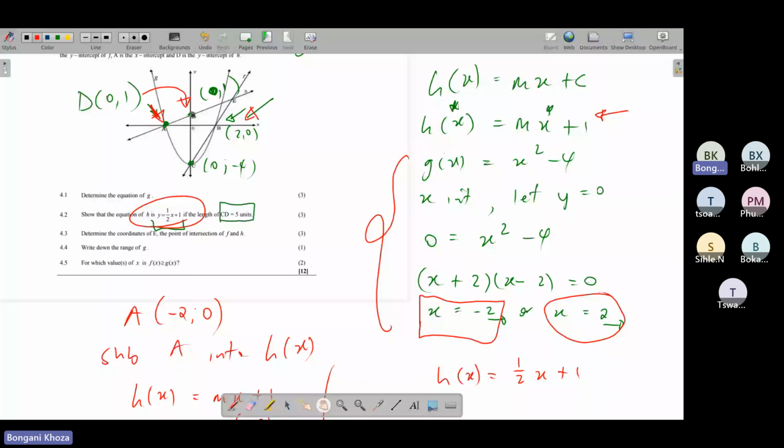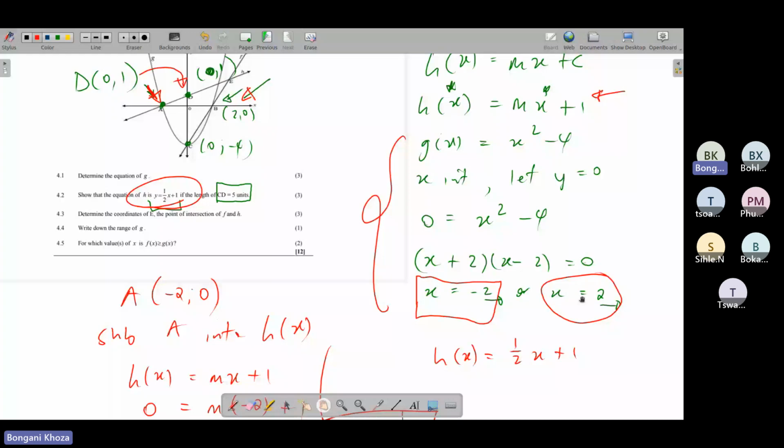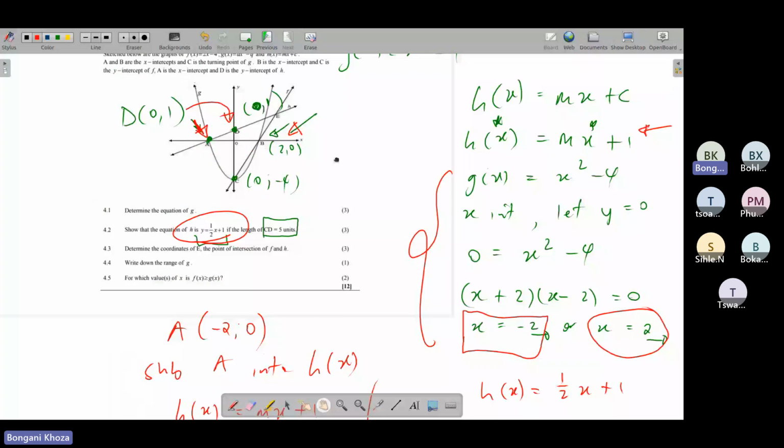Next, to get this point over here, you needed to use the equation of g at x to get this intercept. So for the x-intercept, you got 2, you got this one and that one. But remember, this one we already know, which is x equals 2. The other one is x equals -2, right here.